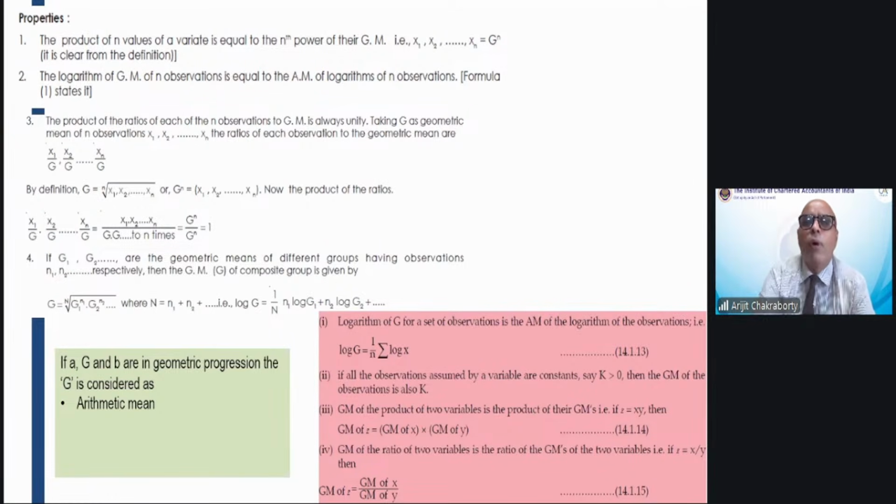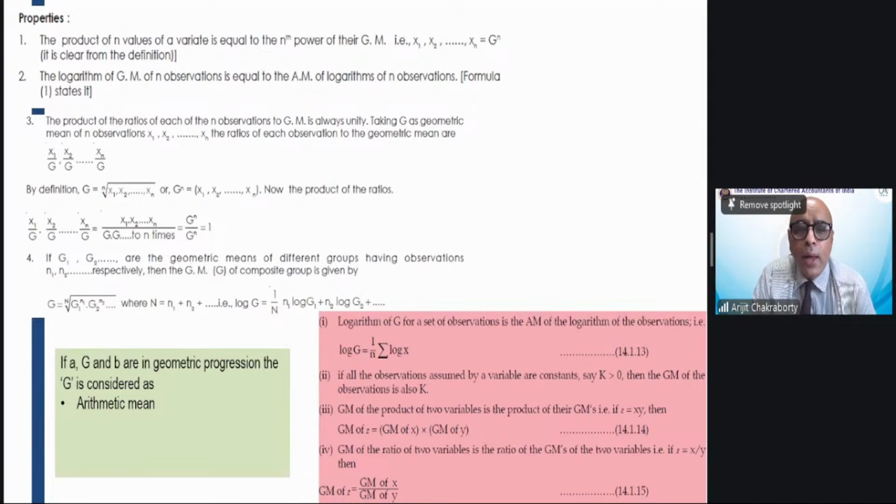One small point I will draw your kind attention to. A small problem is given on the lower part of the slide. It reads like this: if A, G and B are in geometric progression. All of you have a good understanding of geometric progression.